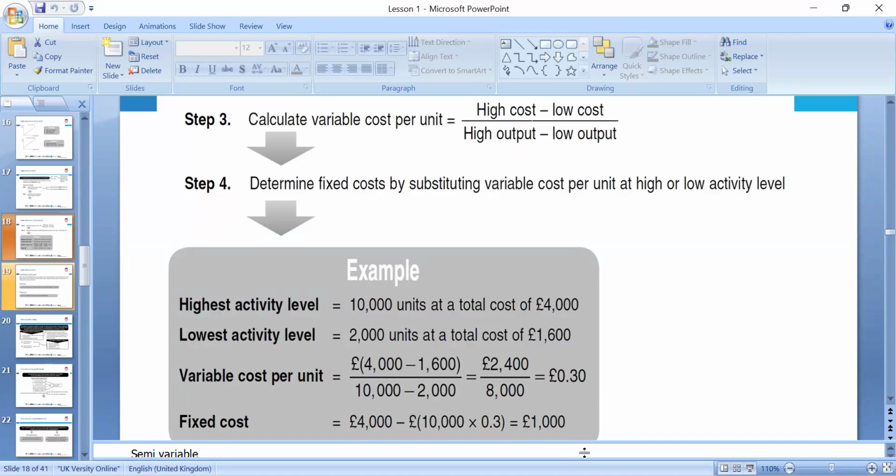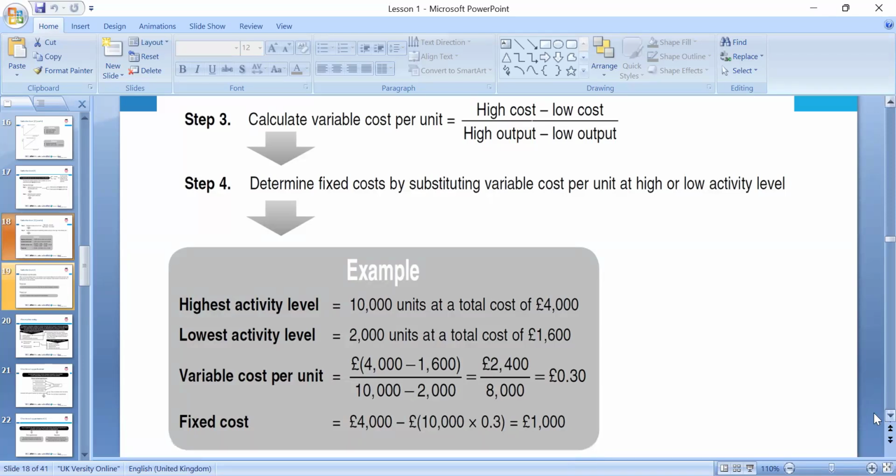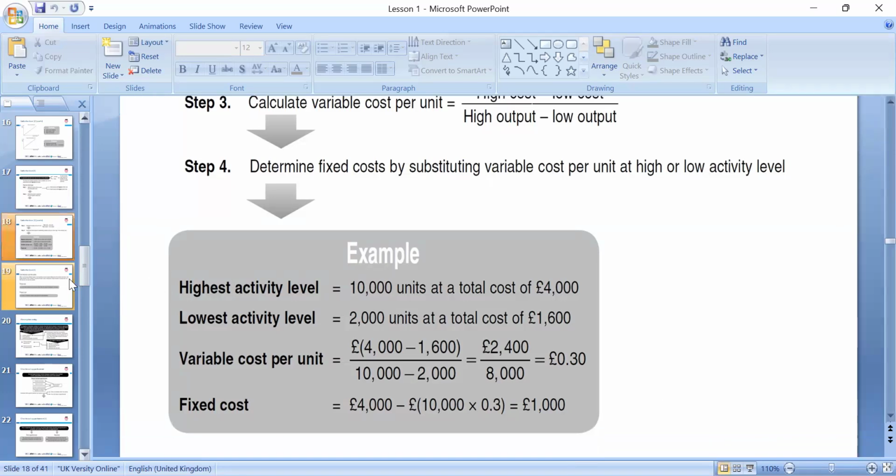So it doesn't matter whether you produce 10,000 units or 2,000 units, your fixed cost will be 1,000. It doesn't matter high level or low level, in between these two, 1,000 is the fixed element. The remainder is variable cost, and per unit it is 0.3. Please, if any question, you can ask.